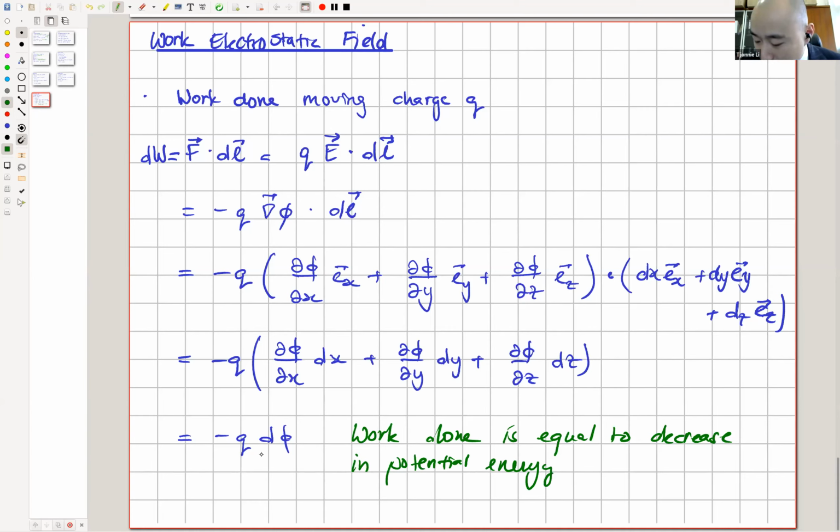And so indeed this phi is related to the potential energy, and actually it's per unit charge. So that immediately gives us an interpretation of the physics behind this phi.